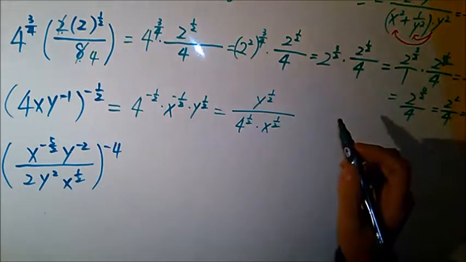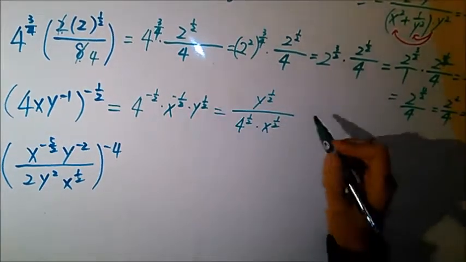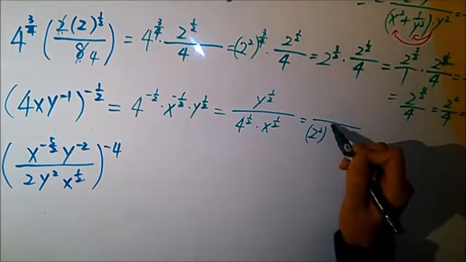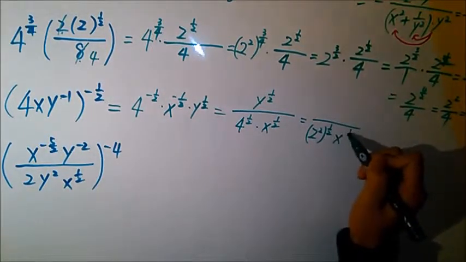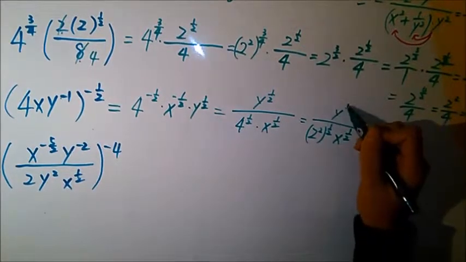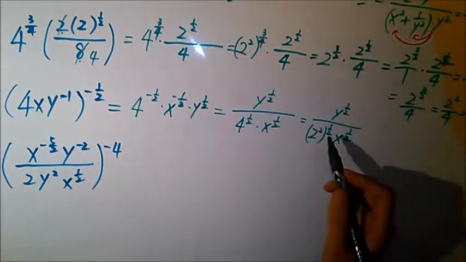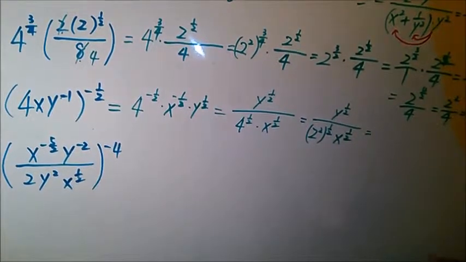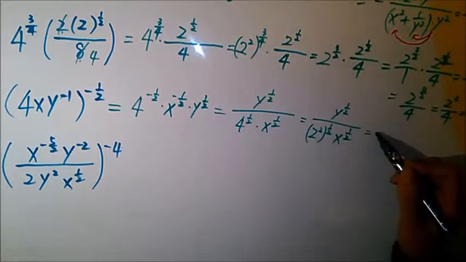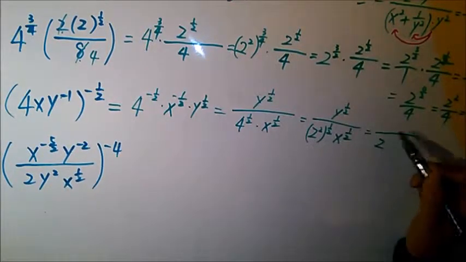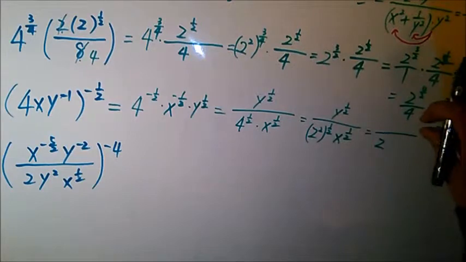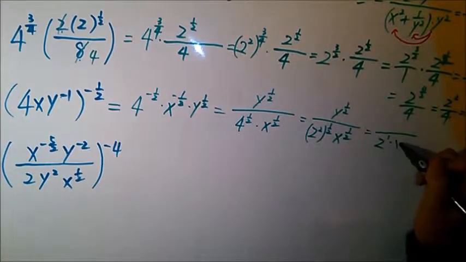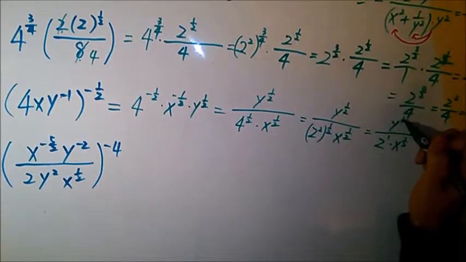If we change the 4 to its lowest base, it will be 2 squared, times 1/2 power, times x to the 1/2 power, y squared. So now we can use the power rule for that one. 2 times 1/2 will be 2 over 2. And 2 over 2 is 1. So we have 1 times x to the 1/2 power over y to the 1/2 power.